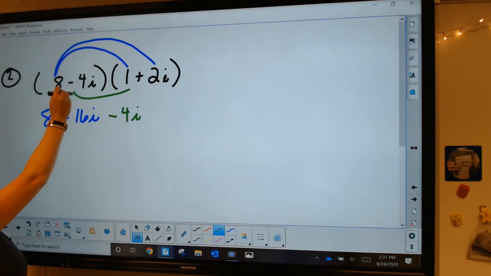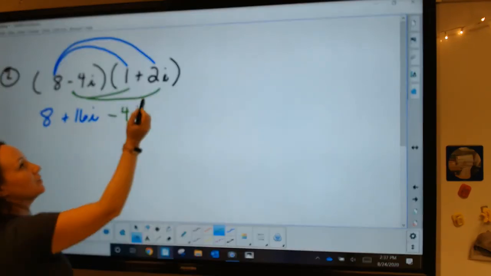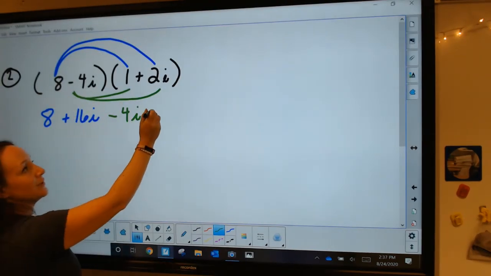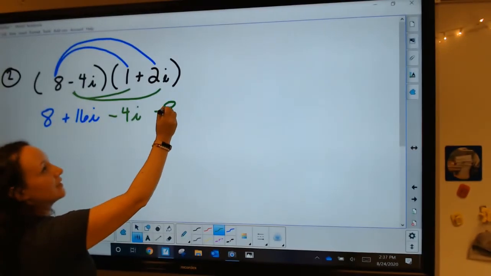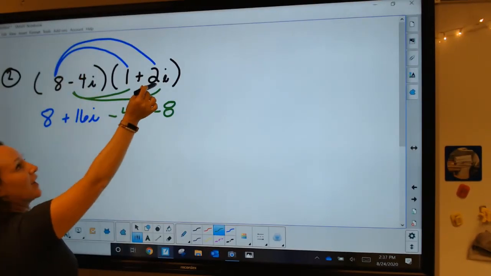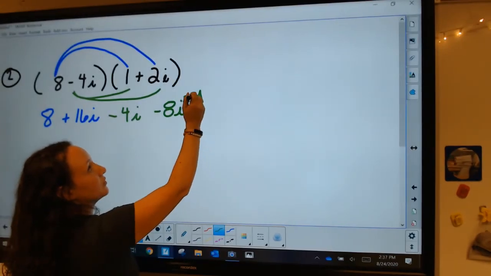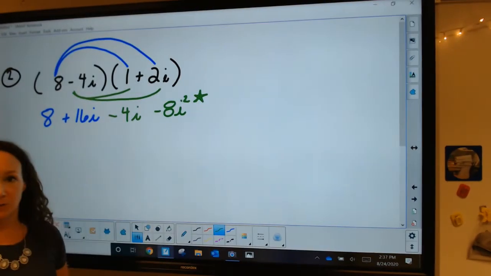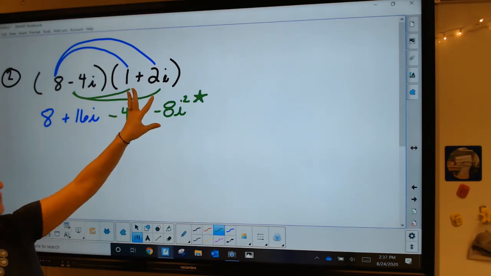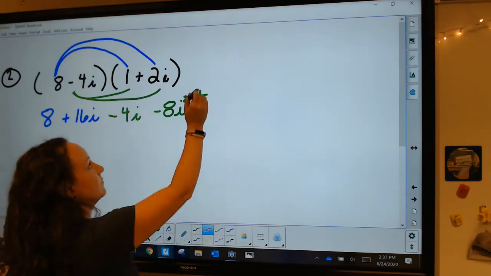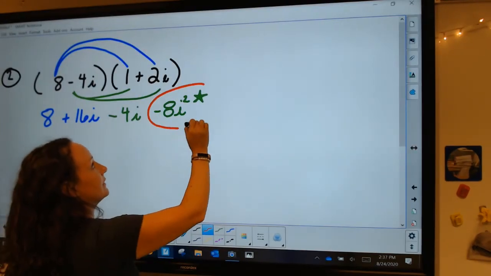And negative 4i times 2i. Negative 4 times 2 is negative 8. But we have i times i is i squared. And I'm going to put a star on that because we're going to have to fix this. Right here, we got to fix it.